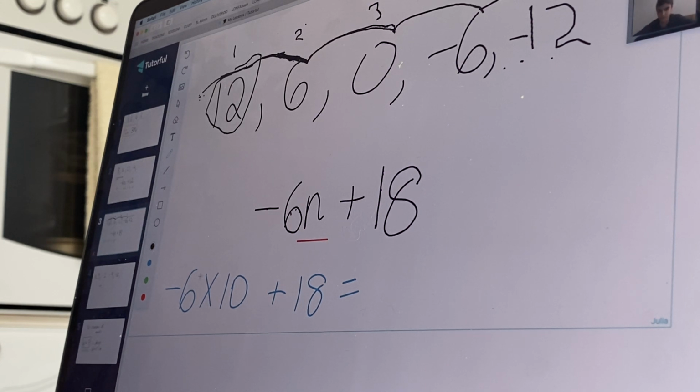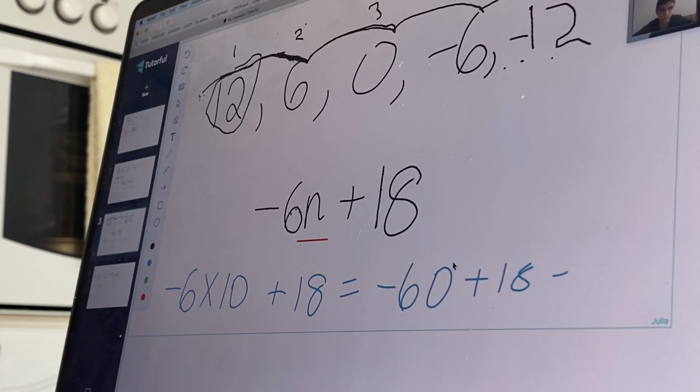So 10 negative 30 subtract 12. So negative 60 plus 18, which is? 60 subtract negative 60 and 10 is equal to 50, so 42. Yeah, perfect, minus 42. Exactly right.